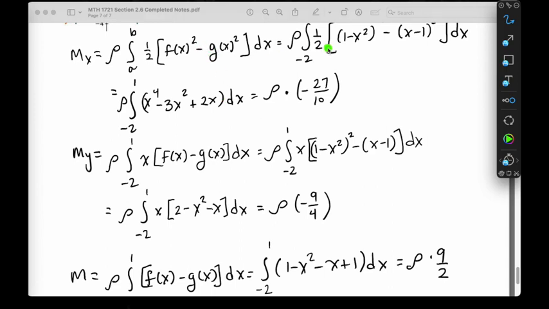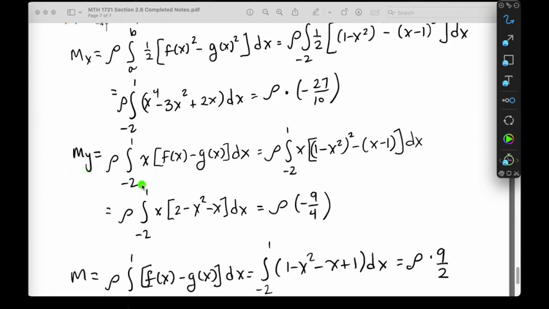I'll let you guys do the intermediate steps. I'm sure you guys know how to expand this. Then once you integrate and you find your answer for the integral, you're going to get -27 over 10, and that's multiplied by rho.